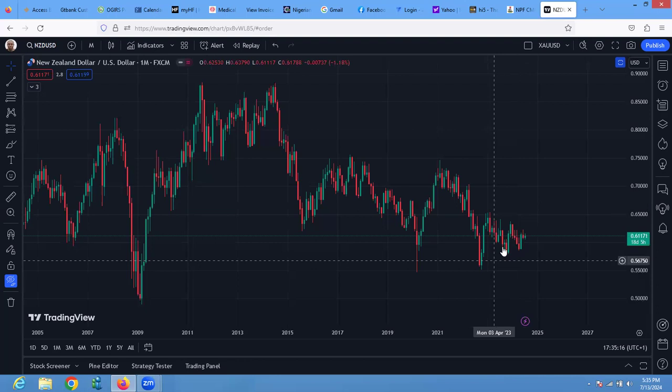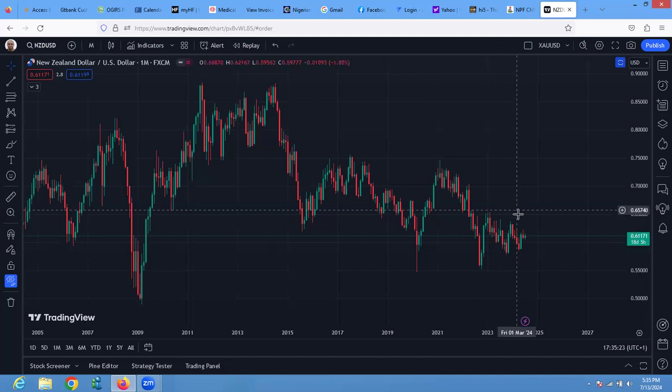So we are done correcting a 3-1 and 3-2. Sorry, correcting a B, that we are going up. And at that point, you can confidently be looking for pullbacks to load more because you know it's going to go up.